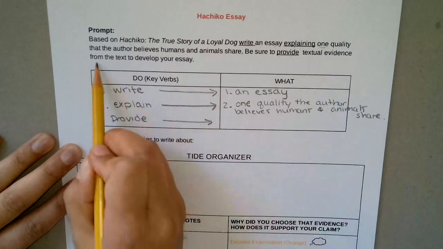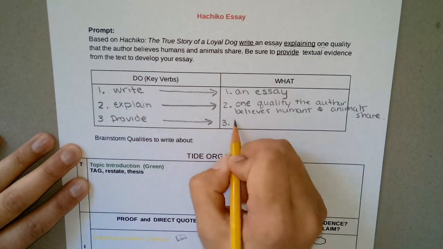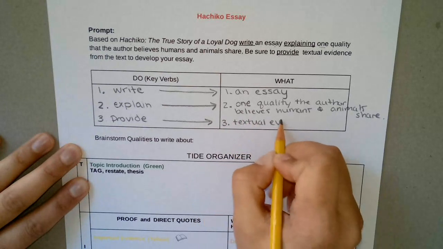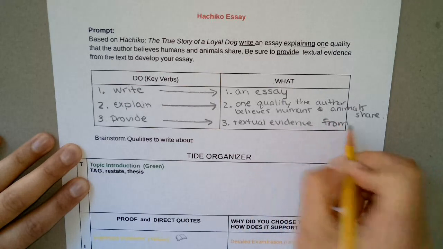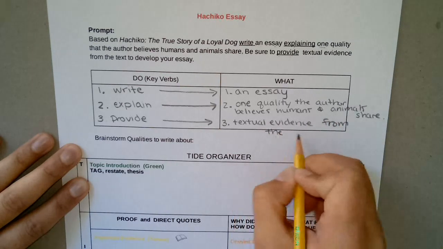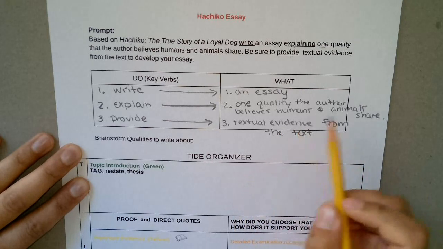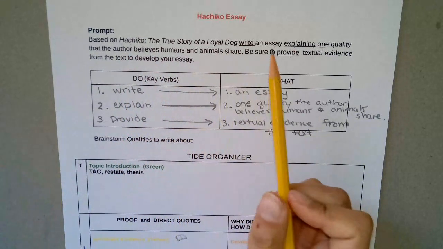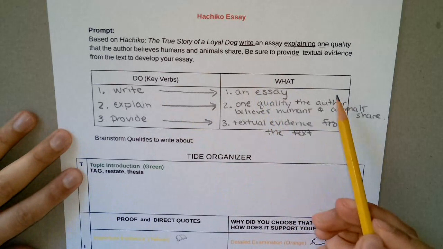Textual evidence from the text. Okay, so my evidence is going to be coming from the text, Hachiko, the true story of a loyal dog. All right. So I know what it is I have to do.